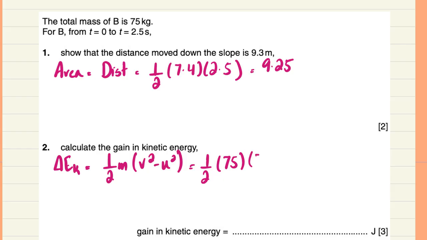So I don't even have to write that really. But if there was velocity, I would subtract the square of that as well. So let's find this value, 75 divided by 2 into 7.4 square, which is 2053.5. So I can say 2050 joules to 3SF.